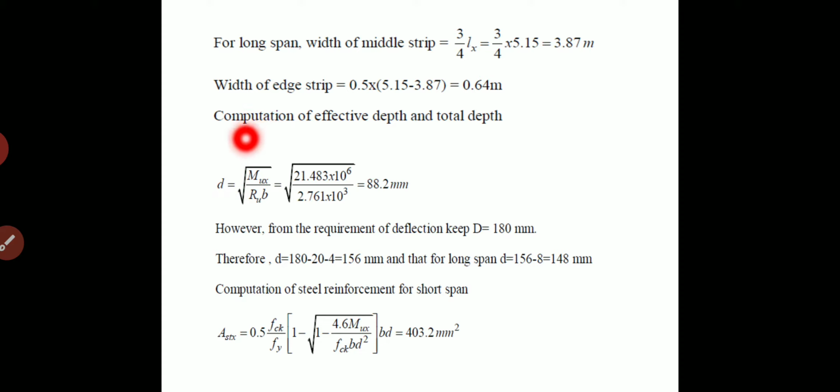Here we find the effective depth by the square root of MUX divided by RUB.